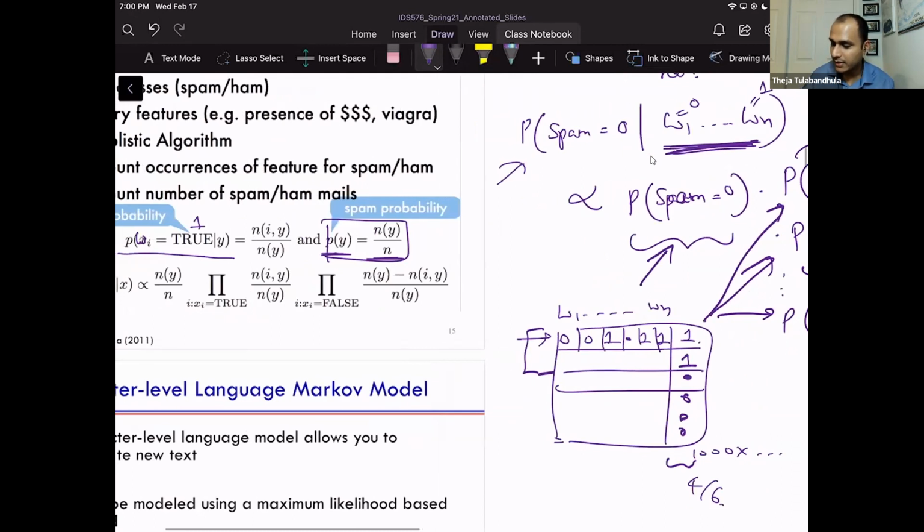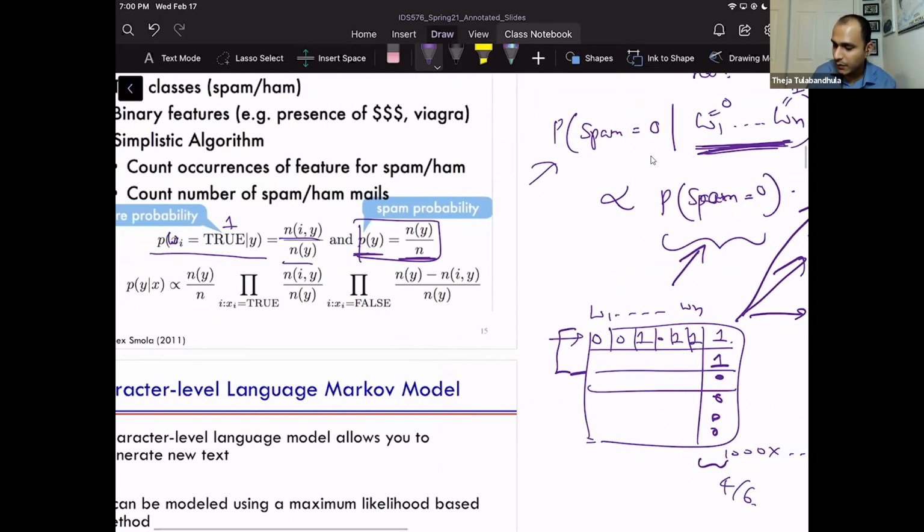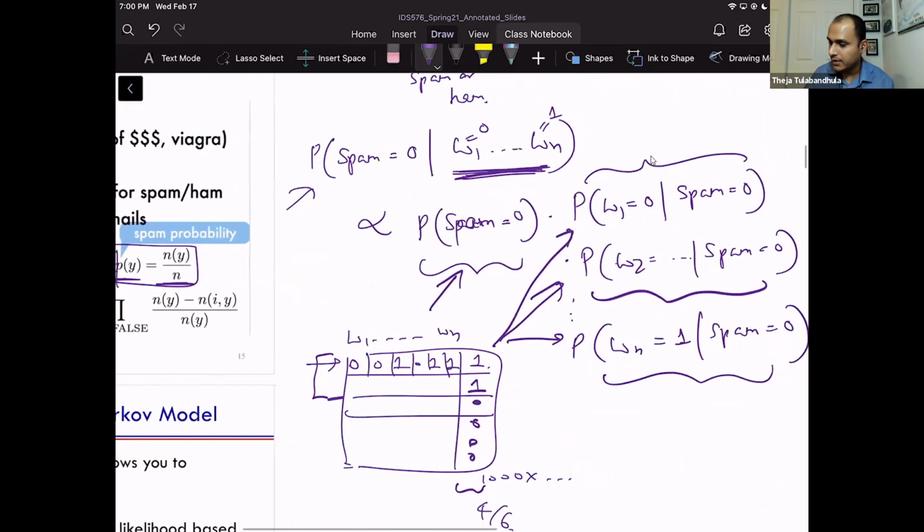Based on that, you can just do a count divided by count, and that's going to give you an estimate of the probability of that word being present when spam is equal to 1 or 0. Once you have that, you can just compute for any new text. You can just multiply these probabilities that you've already computed using training data to get an estimate of whether that text is a spam or not. Any questions at this point?